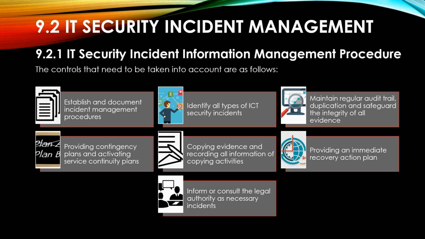Number 5. Copy evidence and record all information of copying activities. Number 6. Provide an immediate recovery action plan. And lastly, number 7. Inform or consult the legal authority as necessary for incidents.